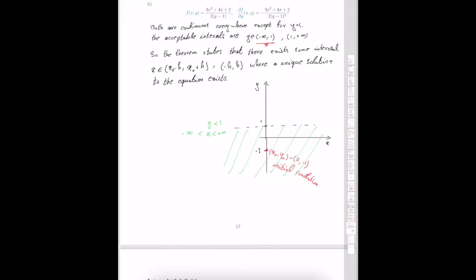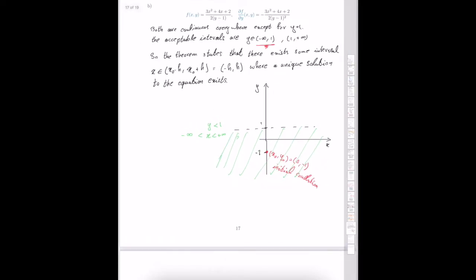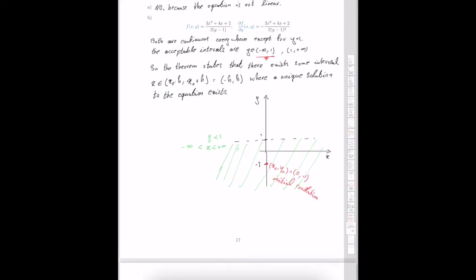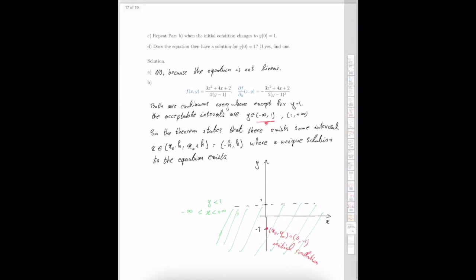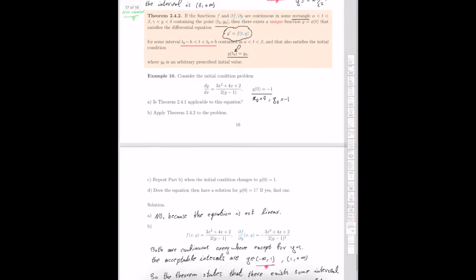So it's telling me that in this rectangle both of those functions are continuous, and therefore, let me read from the theorem, there exists a unique solution phi that satisfies this differential equation for some interval x between x0 minus h and x0 plus h.